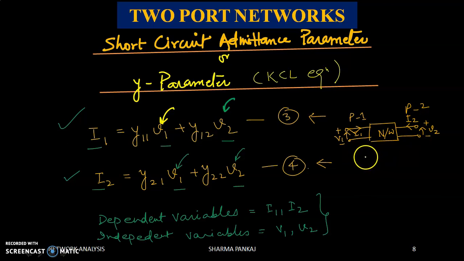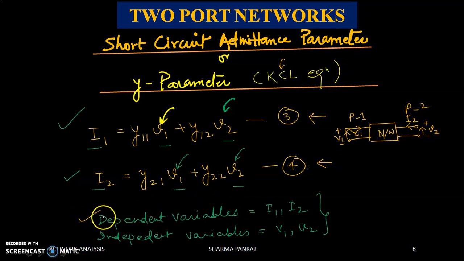Now Y parameter equation is based on KCL equation. That means it will have a current equation. So simple: I1 is equal to Y11 V1 plus Y12 V2, and I2 is equal to Y21 V1 plus Y22 V2.